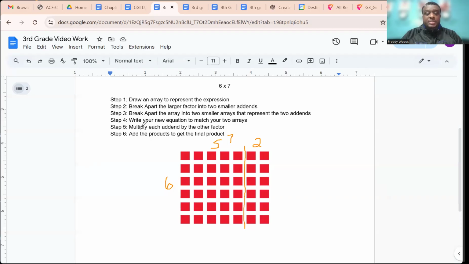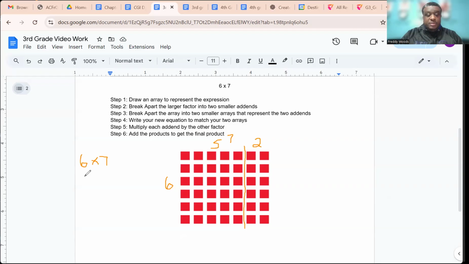Now I'm going to go to my next step, step 4. I'm going to write my new equation to match my 2 arrays. So I have 6 times 7. That's what I'm trying to figure out.